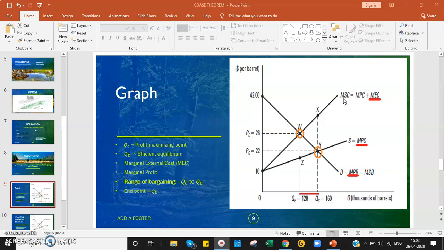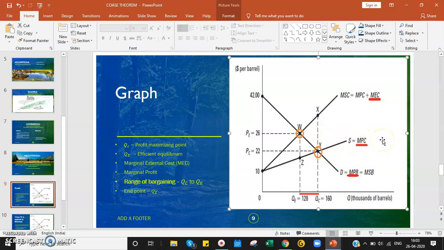Now this marginal external cost is nothing but the environmental damage which the industry has done by releasing toxic chemicals to the river, and the loss in utility therefore faced by the fishermen. Graphically we can see that marginal external cost is the difference between marginal social cost and marginal private cost. At QC, marginal external cost is nothing but the difference between X and Y.